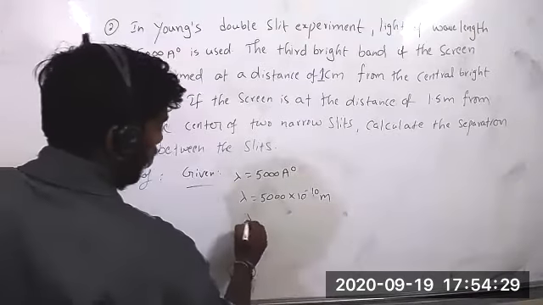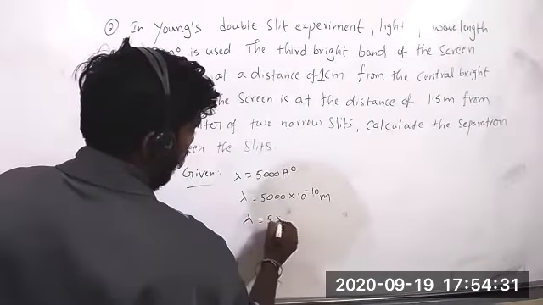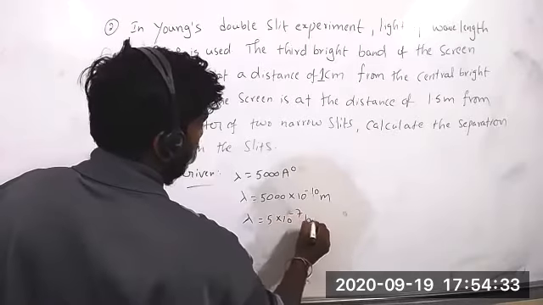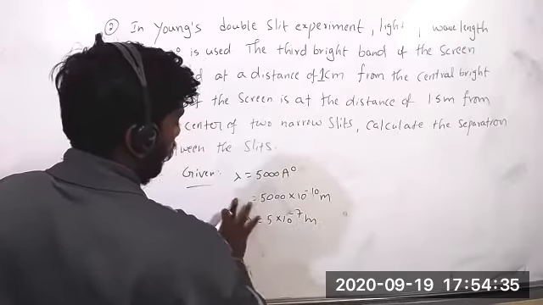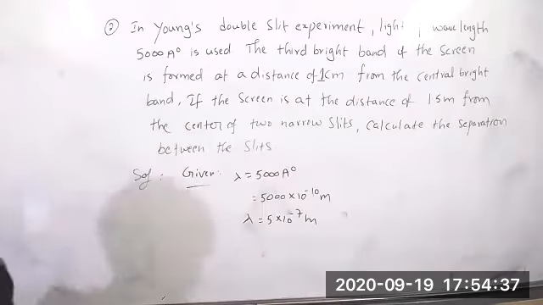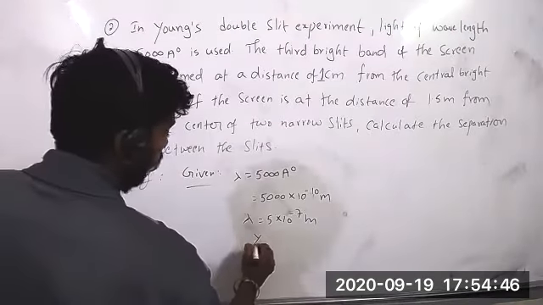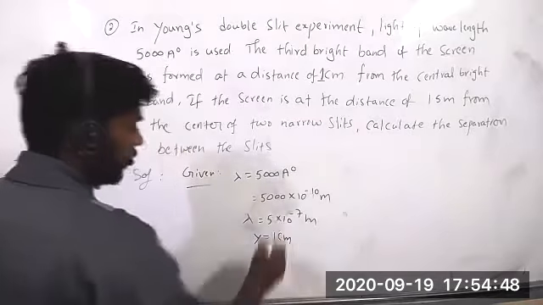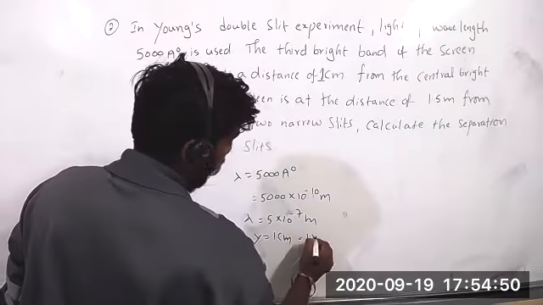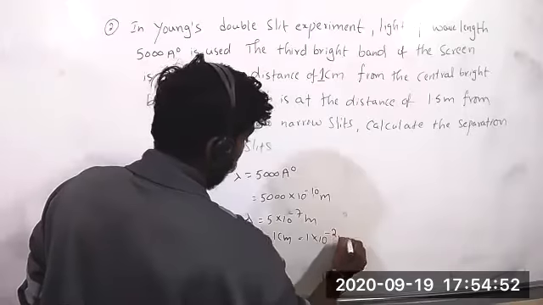So lambda equal to 5 into 10 to the power of minus 7 meters. That's finally lambda. And formed at a distance of y, the distance they have given. So y equal to 1 centimeter, the vertical distance. So 1 into 10 to the power of minus 2 meters.